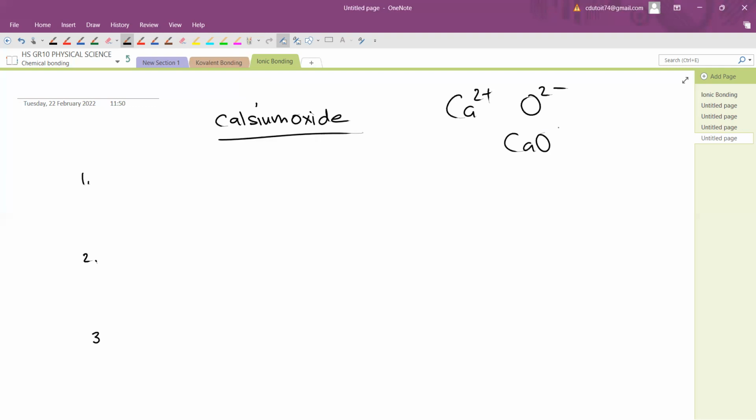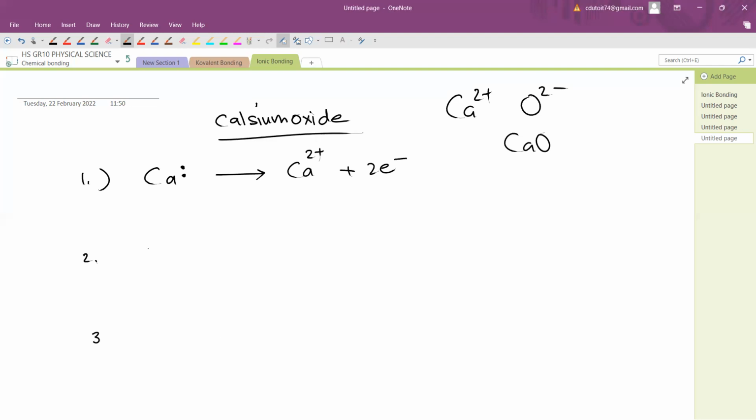Okay, good. Let's start. Which one is the metal? Calcium or oxygen? Calcium. Okay, good. So it's Ca. It's in group 2. So it's got 2 valence electrons. That's correct. So it gives those 2 electrons away and it becomes 2 plus. Are you happy with that? Yes.